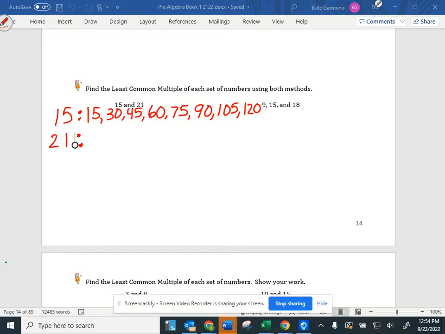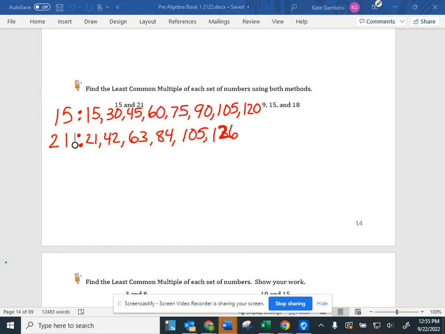Now let's list multiples of 21. What's my first one going to be? 21, 42, 63, 84, 105, 126.